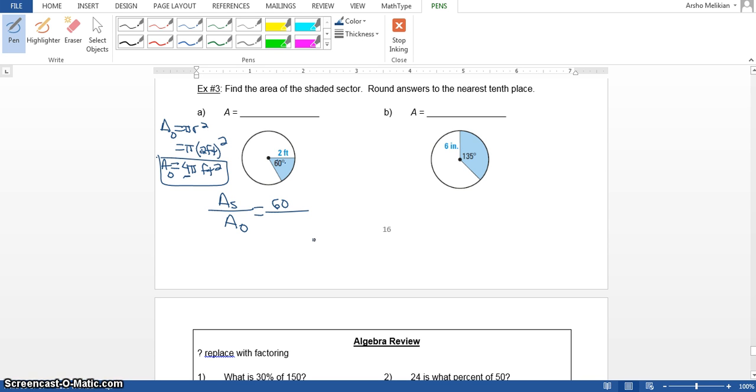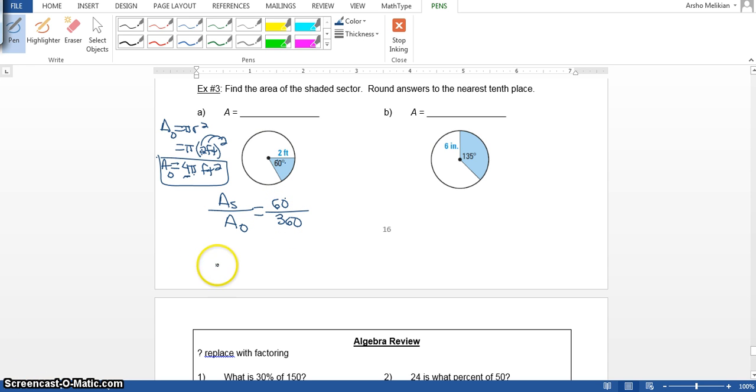What I have here is pi times 2 squared, so I'm squaring the 2. I get 4 times pi. I'm not multiplying the pi in. So here I have the partial angle over the full angle, which is 360.